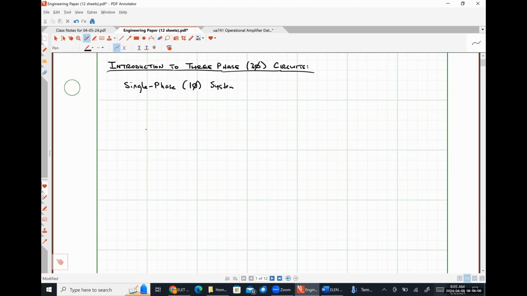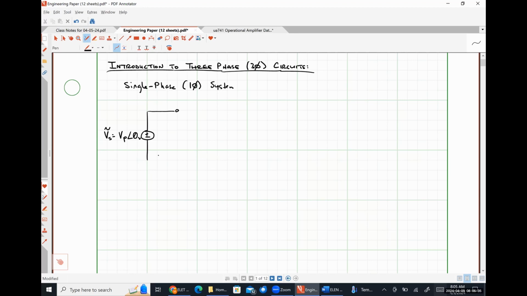Where we're going to have some voltage source. So this is going to be an RMS phasor. So we're going to call this VP with an angle of theta V, where VP is the RMS magnitude of our phase voltage.